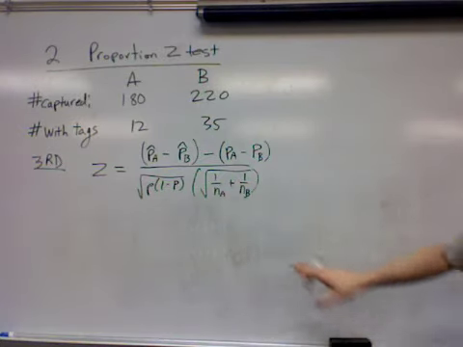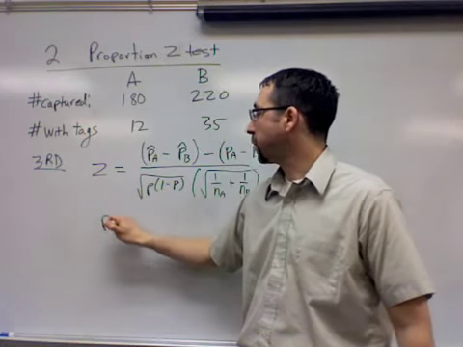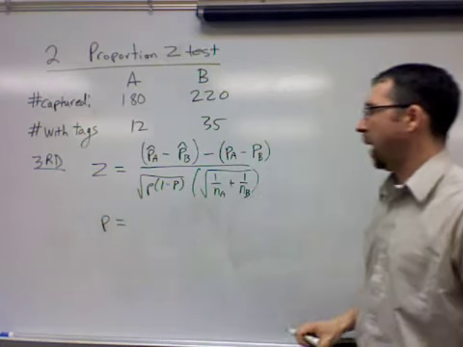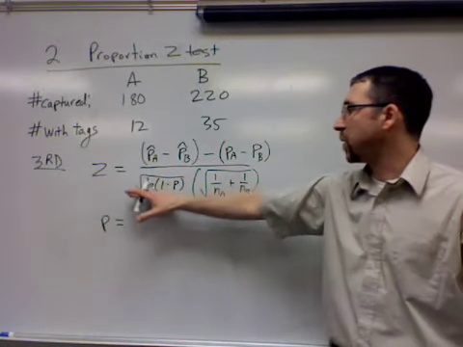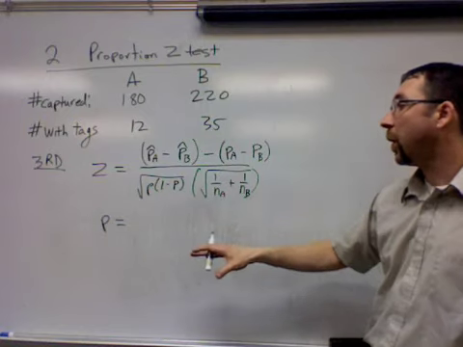Now, the P here is going to be a pooled proportion. And we're allowed to use this formula because the null statement said that the percentages tagged on both islands were equal overall.